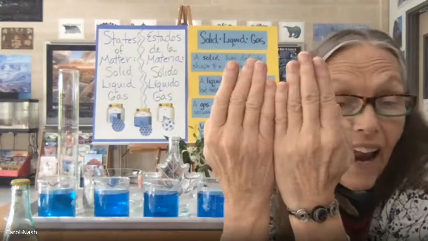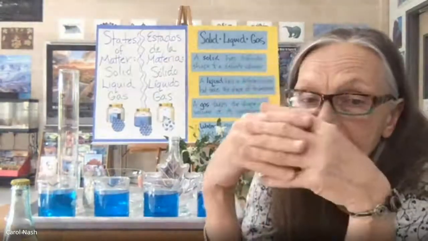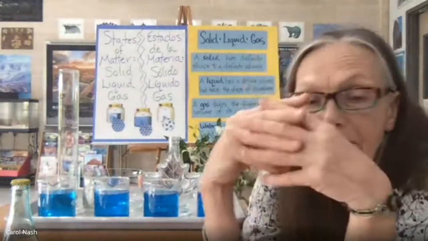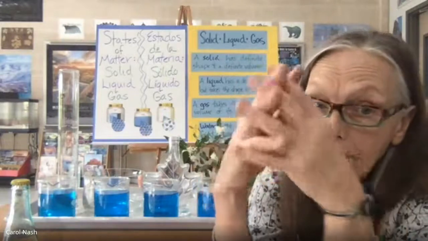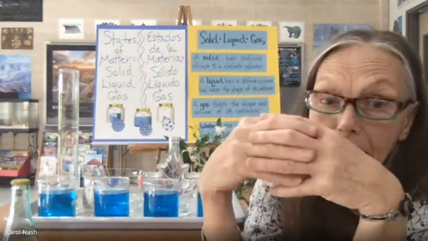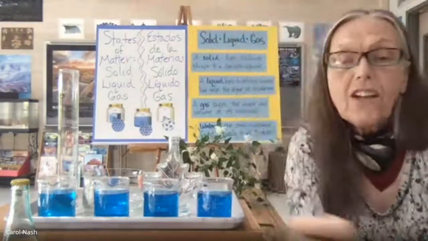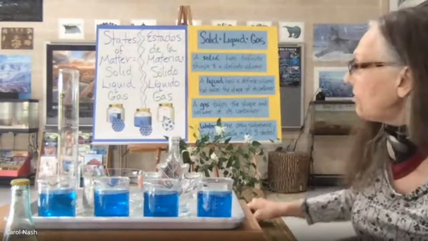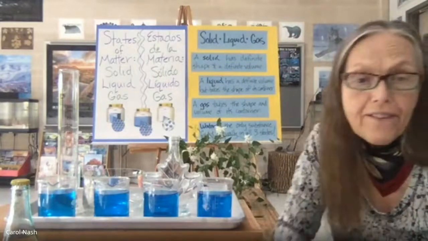But then if I add some heat and melt it, the particles get loose, and they start moving around as a liquid. If I heat them up, then they're going to become vapor, and they're going to go, pow, let me out of here. And they're going to expand all the ways. So what's changing is the arrangement and behavior of those particles.